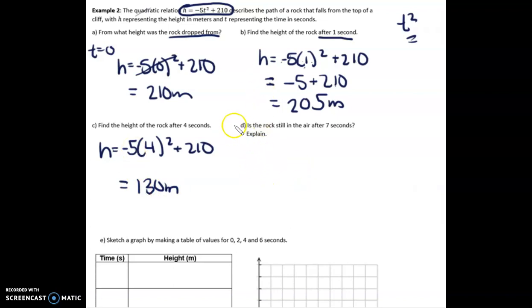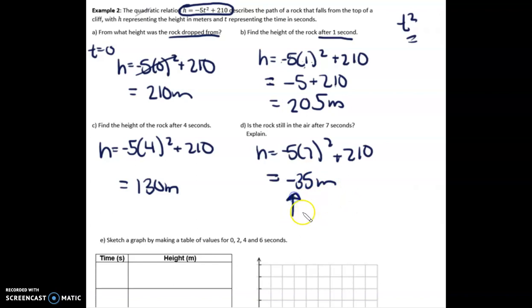Okay, now D is a little bit different of a question. It says, is the rock still in the air after 7 seconds? So here's the thing. If we sub in 7, so 7 squared is 49 times -5. So -5 times 7 squared plus 210. We get the answer of -35 meters. Okay?